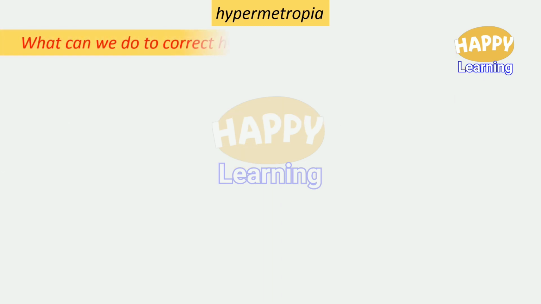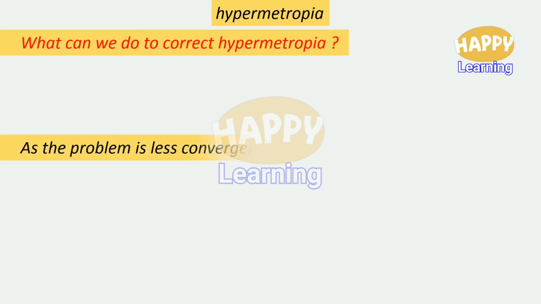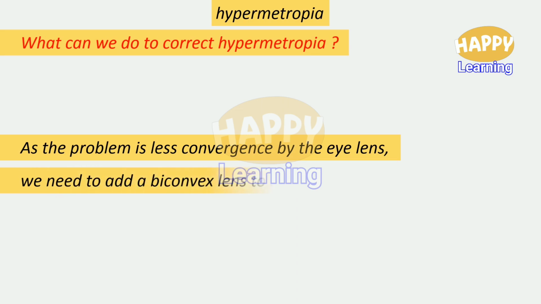What can we do to correct hypermetropia? As the problem is less convergence by the eye lens, we need to add a biconvex lens to increase the convergence.